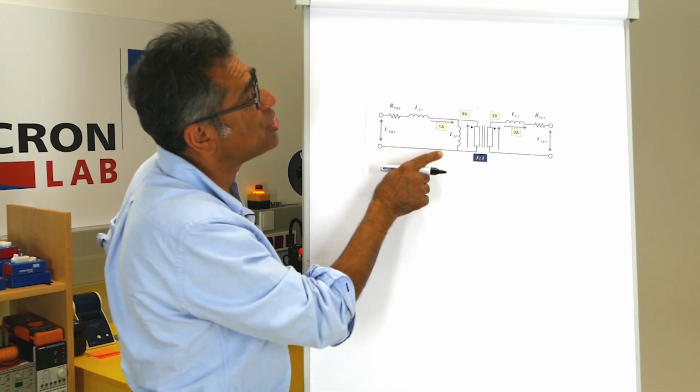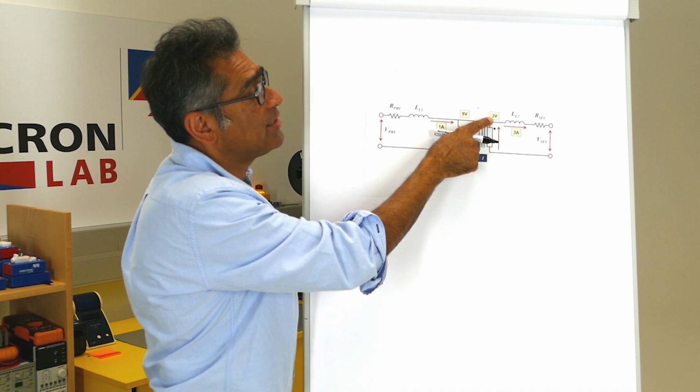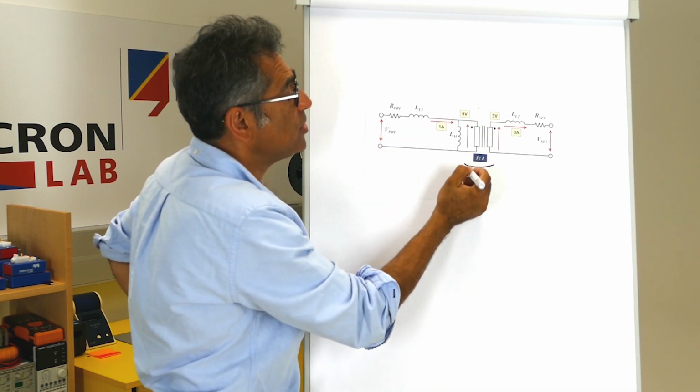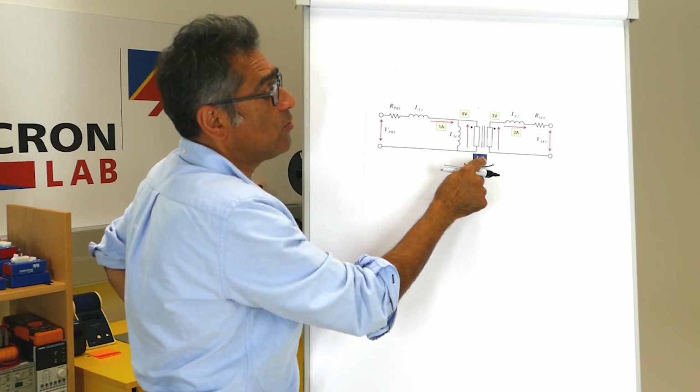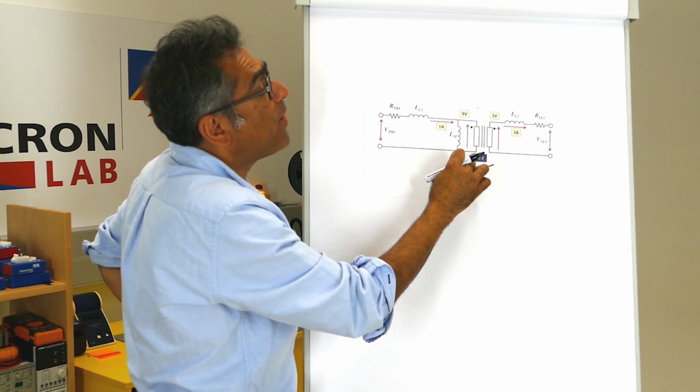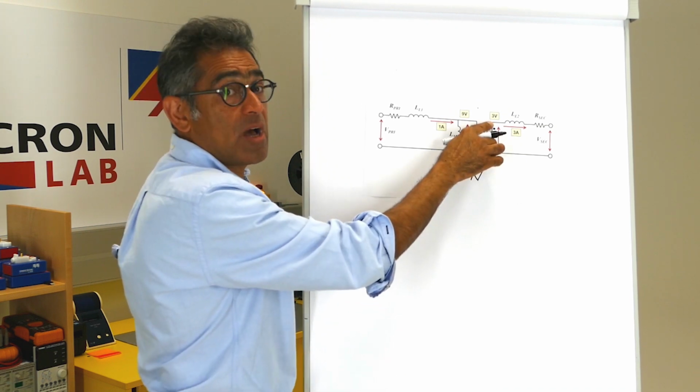Now, by what magic number do I have to multiply this 3 so that it becomes 9? We have here the turns ratio of 3:1. You can see that if I multiply this 3 by the turns ratio, it becomes 9.